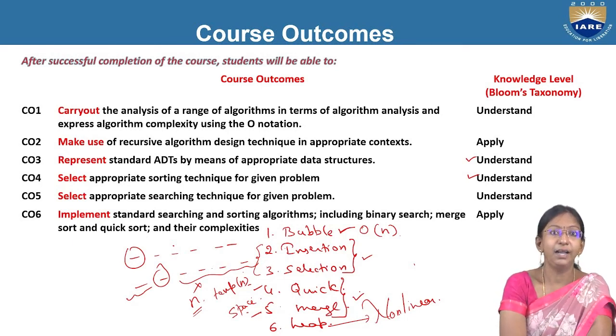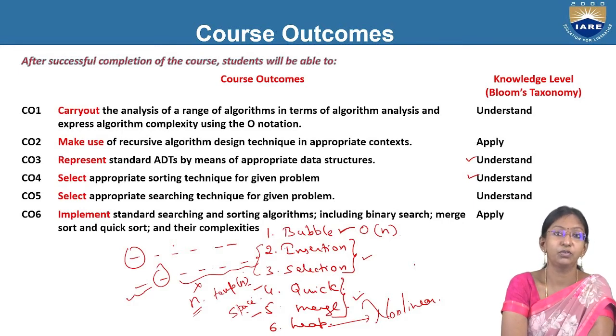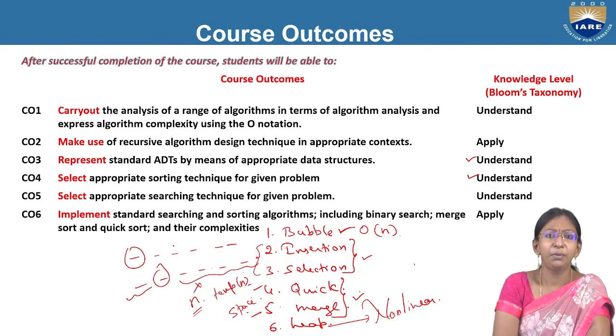Now, by the end of this course, you will be able to judge which sorting technique you can use for the given list of elements to give you the best result. With every sorting technique, you will be given a brief knowledge on where it can be implemented, what is its time complexity, space complexity, is it in place, and is it a stable one or not, right?